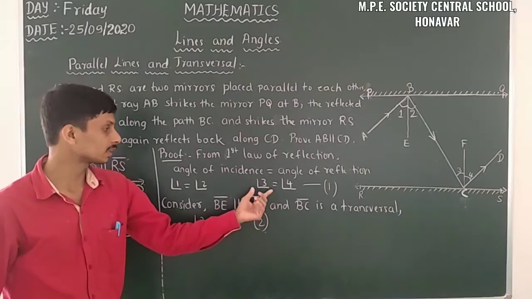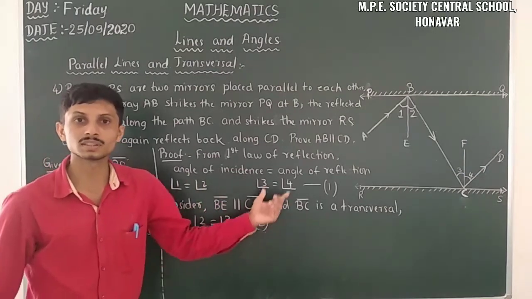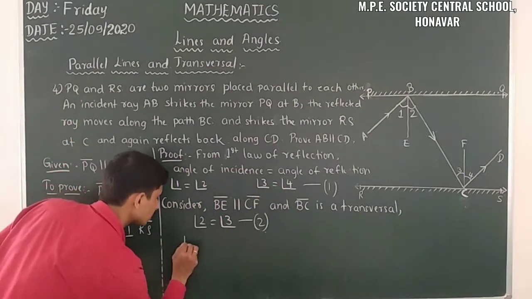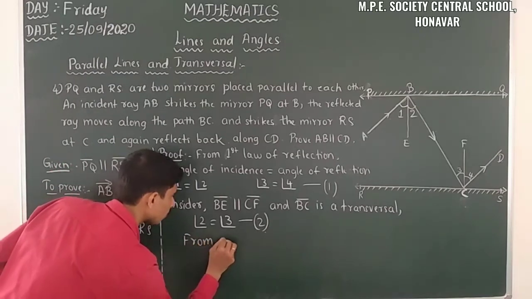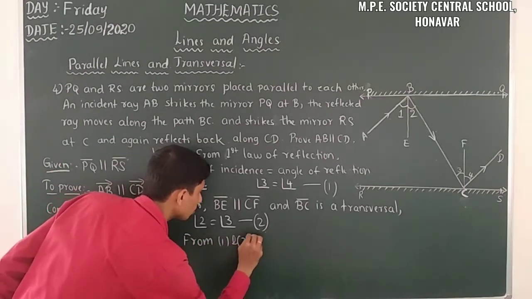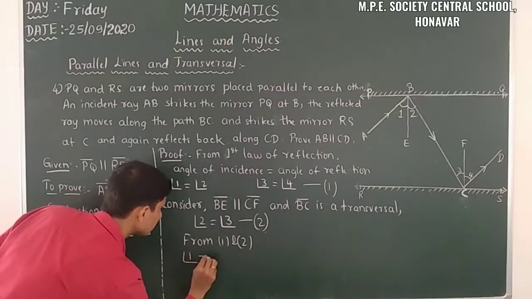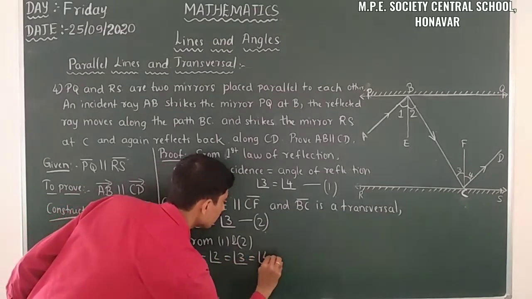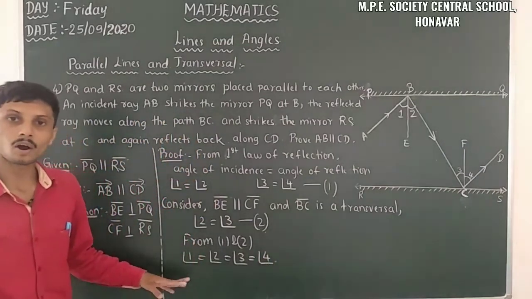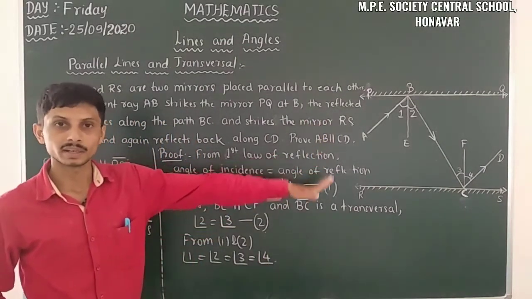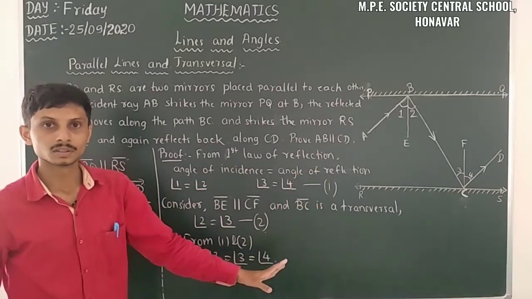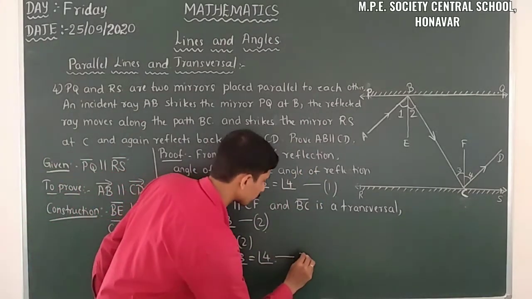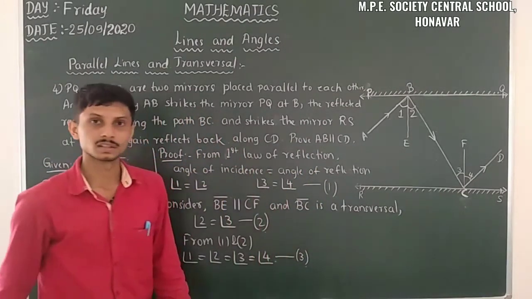From equations 1 and 2, we can take angle 1 is equal to angle 2 is equal to angle 3 is equal to angle 4. So all the angles are equal here. I will take this as equation number 3.